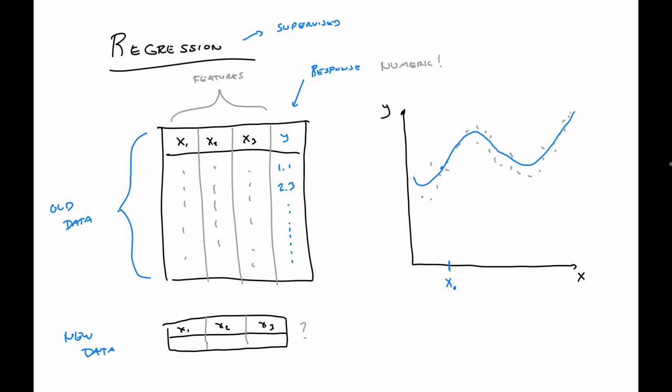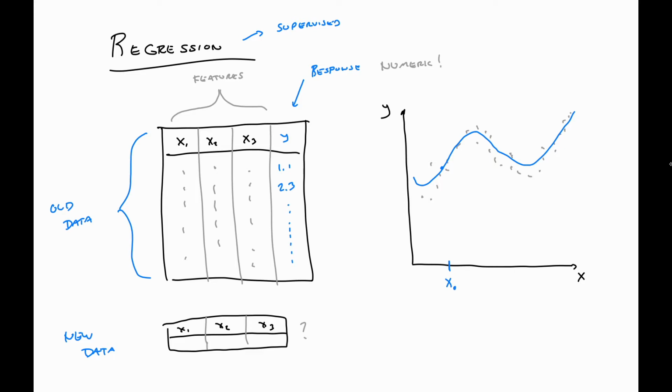Really, this is kind of a one-slide summary of the whole course. We have some data. It has both the features and the response. We want to learn this function that will then allow us, with new data that has a missing response, to make a best guess for that response. Okay, so that's regression in a nutshell. Much more of that throughout the course.